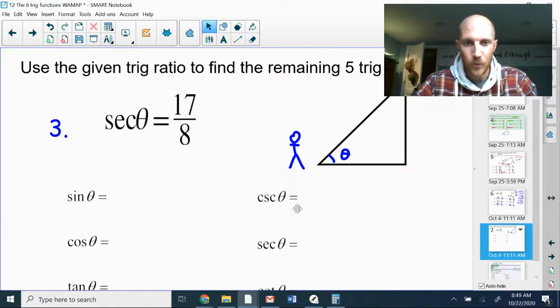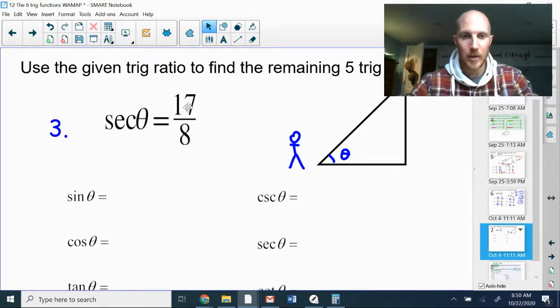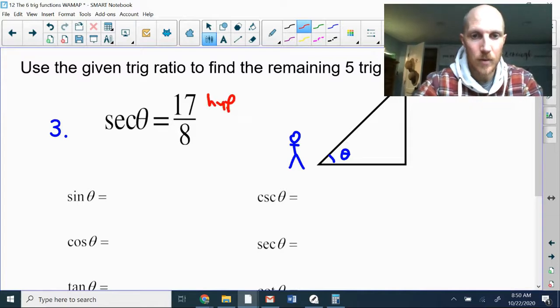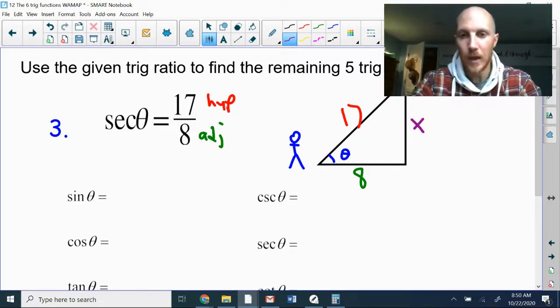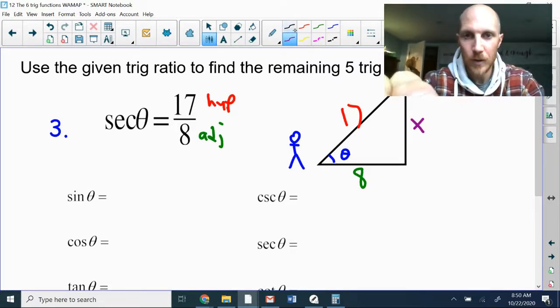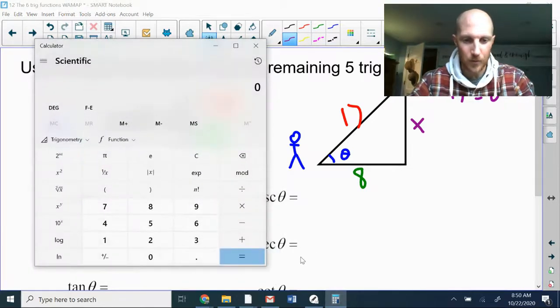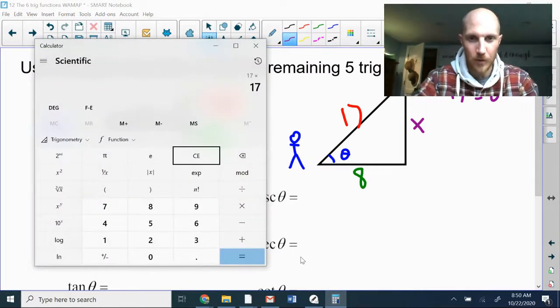Okay, hypotenuse over adjacent. So the 17 is going to be the hypotenuse, and 8 will be the adjacent, and I will have to find this missing side. So 17 squared equals 8 squared plus x squared. 17 squared is like 324 or something like that, right? Who can remember these things?